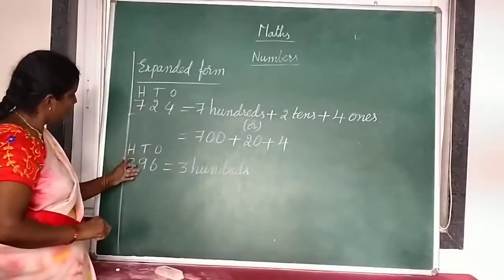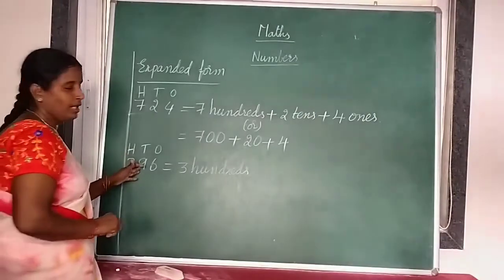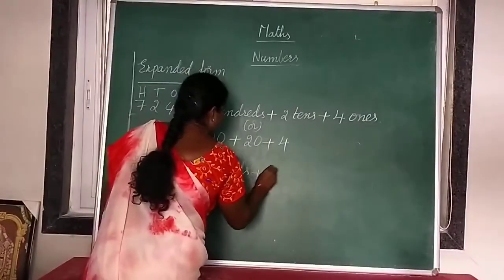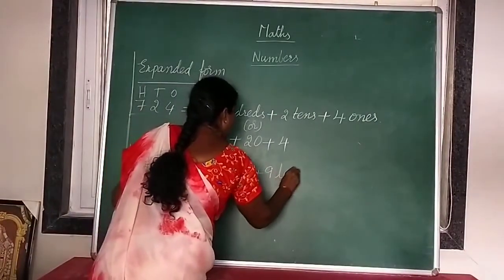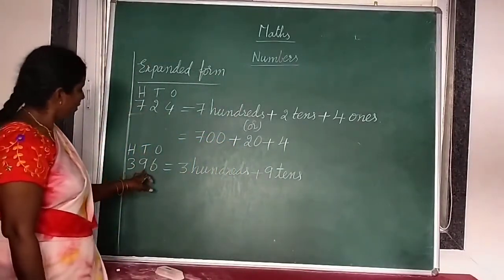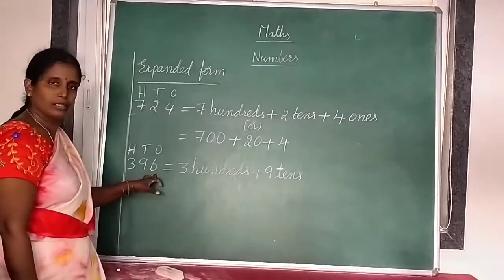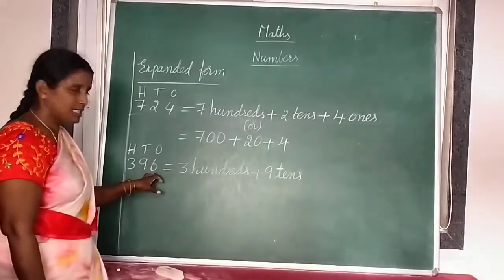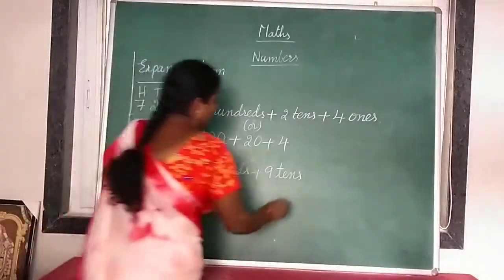So what is the place value of 9? 9 tens, plus the place value of the next digit, 6. 6 ones.